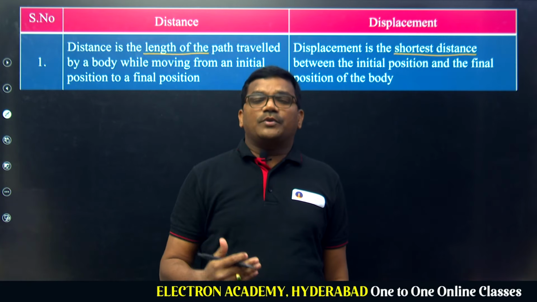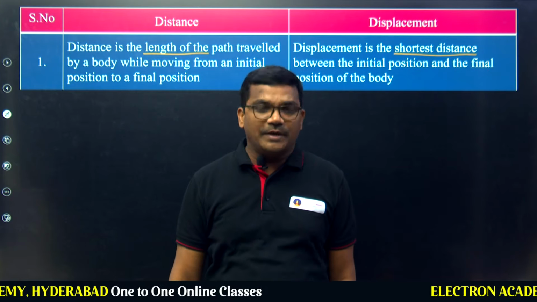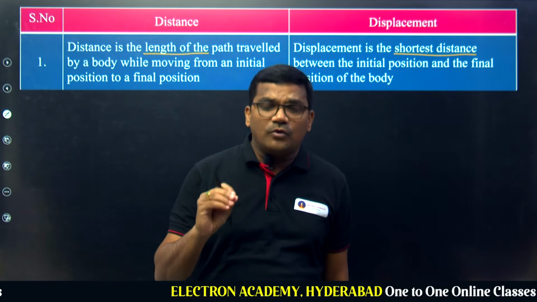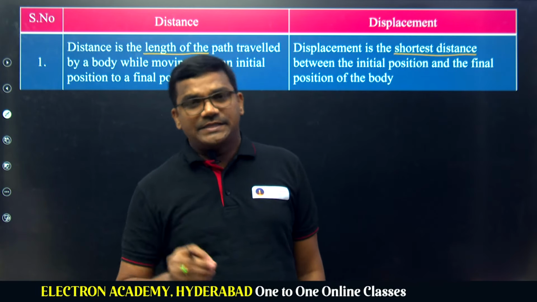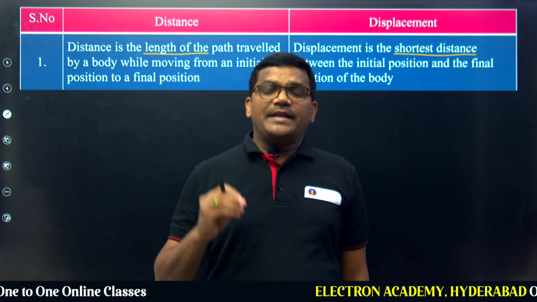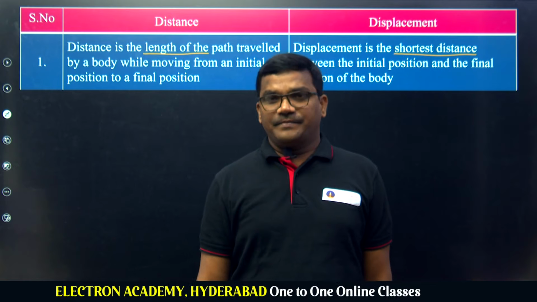Final position to initial position is negative displacement. So adantha mana next lesson motion in a plane lo discuss chestam. Right now, distance is the length followed by the object, and displacement is the shortest distance between initial position and final position, right?